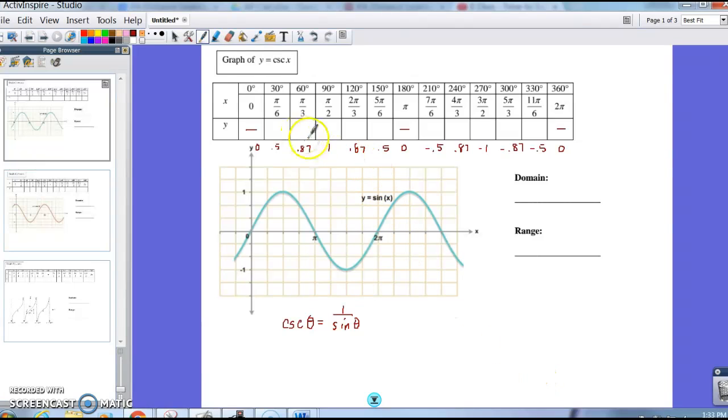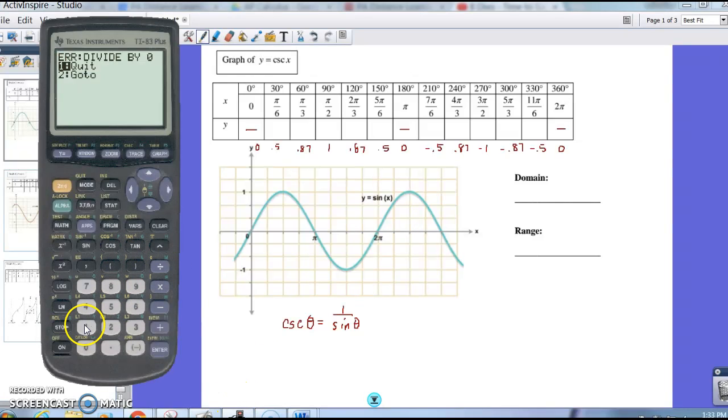Now at 30 degrees, the sine was 0.5. So I do 1 divided by 0.5, because cosecant is 1 over the sine. Let me clear that out. 1 divided by 0.5 gives me 2.